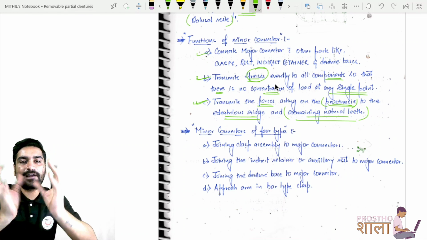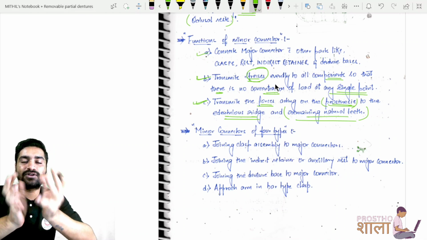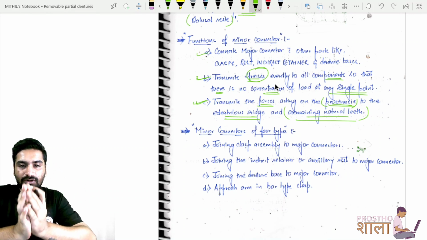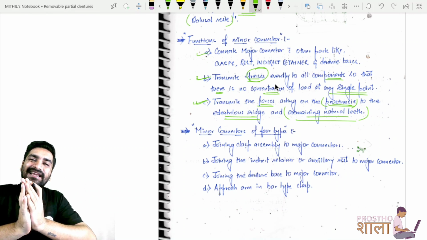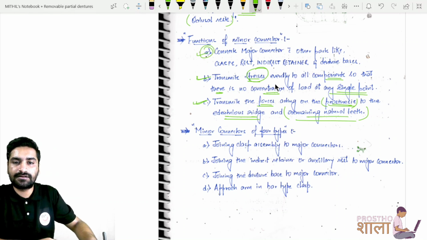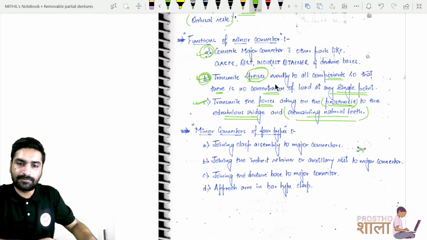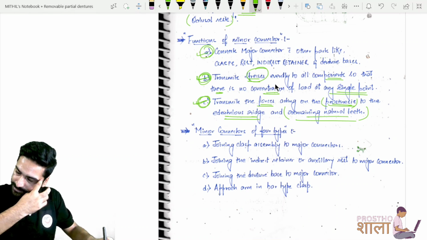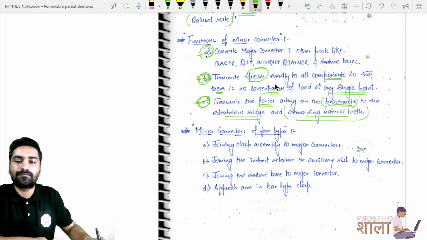So three-dimensionally, everything goes on simultaneously and the forces are distributed well in all the areas. Those are the three main functions of your minor connector. First, it forms a connection. Second, it distributes forces to other parts, and third, it transmits the forces to the edentulous ridge as well as the natural teeth.